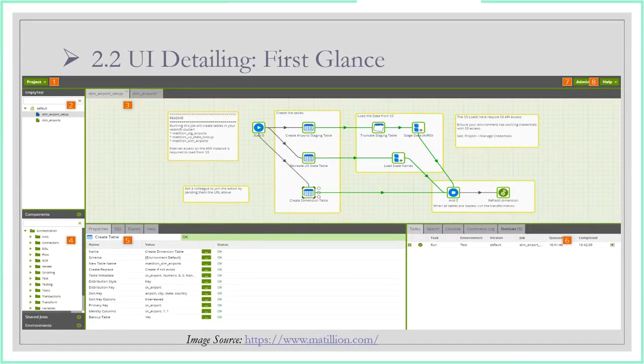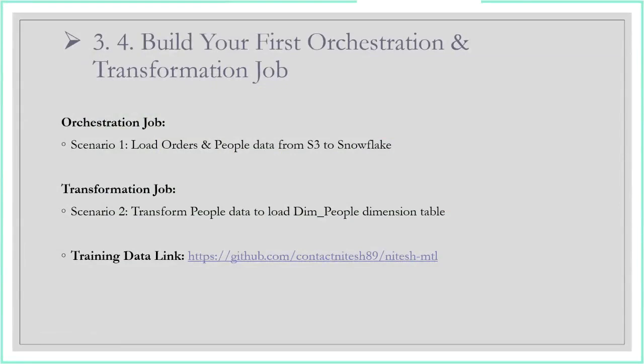And then lastly, we have created our first job, showing how we can load data from an external S3 to Snowflake, right? As I said earlier, there are two kinds of jobs. First is an orchestration job, another is a transformation job. To get any data that is external to Snowflake and Matillion, you need to use an orchestration job.